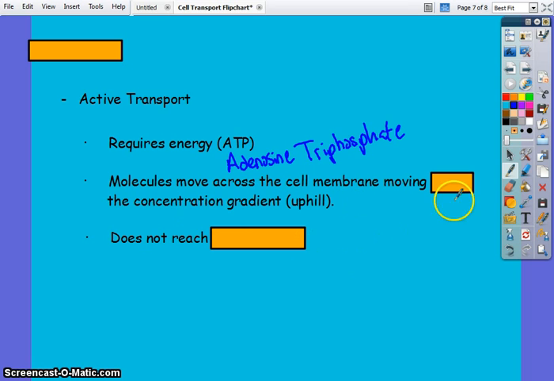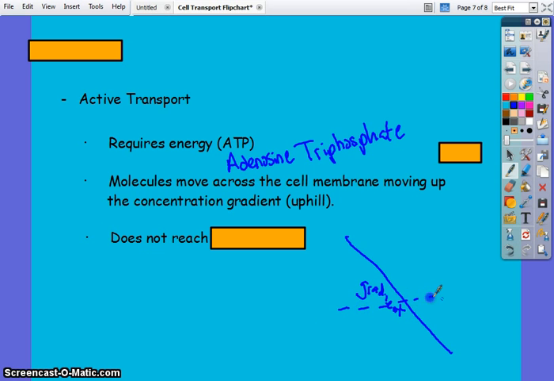So molecules move across the cell membrane, and this time they're moving up the concentration gradient. So this time they're going uphill. Okay, so you have your hill, and this is your gradient. Okay, your cell membrane. Now you're moving up the gradient. So instead of things falling down, now you have to move uphill.